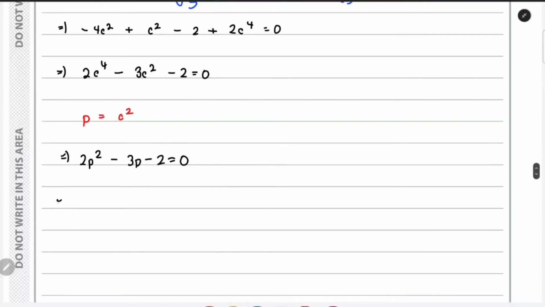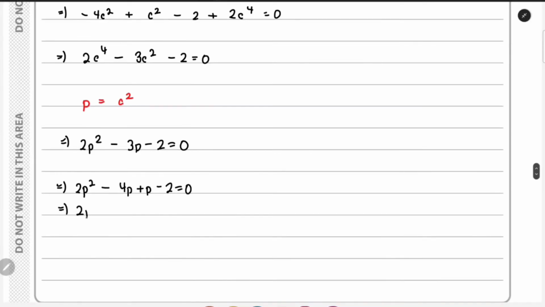We can break this down with the middle term. So we'll have 2p square minus 4p plus p minus 2 equals 0. So 2p, p minus 2 plus 1, p minus 2 equals 0.